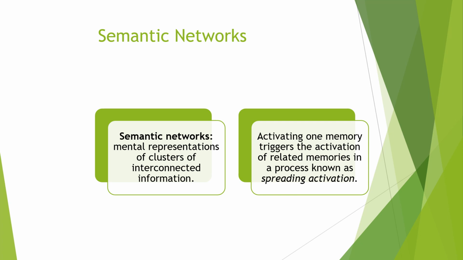So each bit of a cluster is connected to bits of other clusters. This will make more sense in the next slide whenever I show you what we mean by a semantic network. When we talk about semantic networks, activating one memory triggers the activation of related memories. And this is a process known as spreading activation.